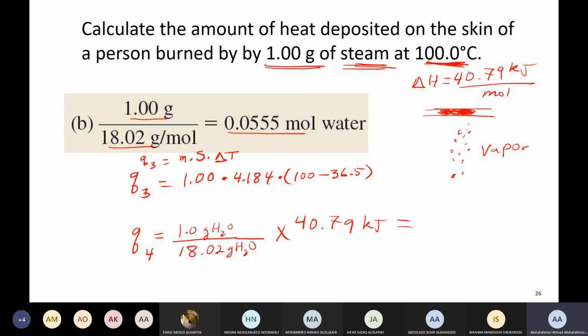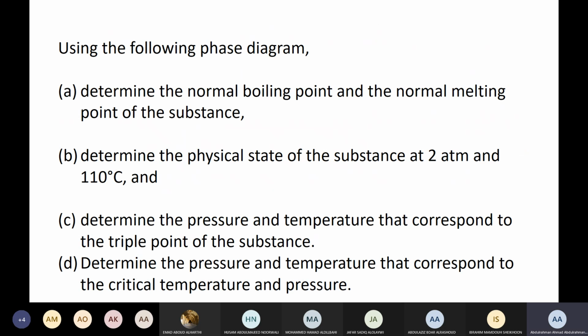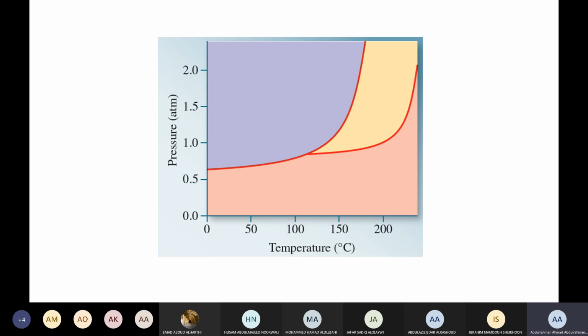And then the total heat will be adding these two heats. Is this clear? Yes. Good. All right. Now, let's determine the boiling point, normal point, everything.